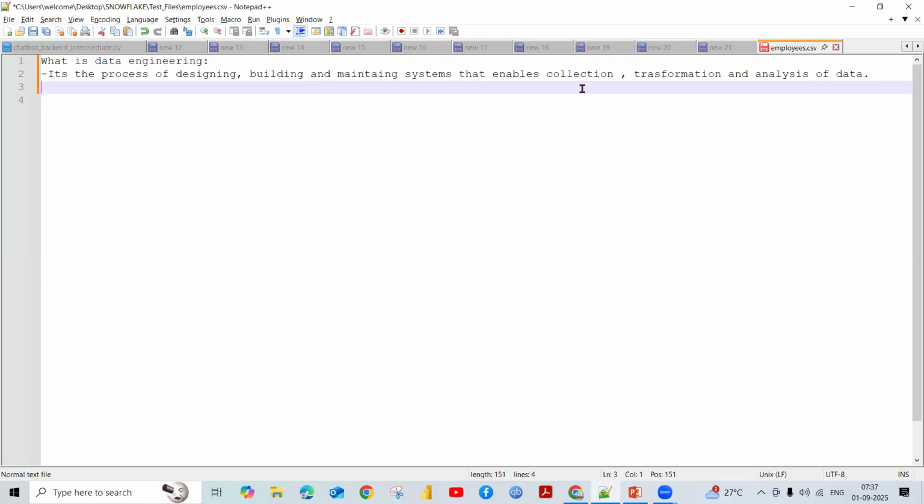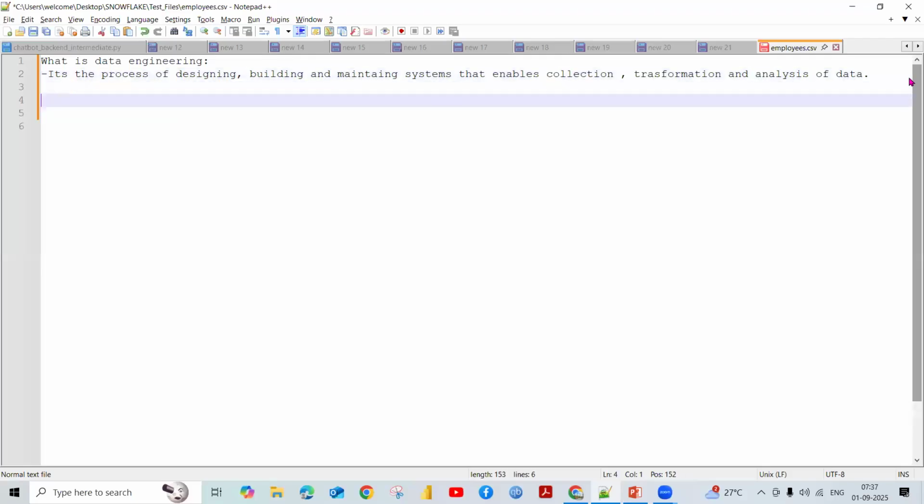So this is about data engineering, and we just discussed the different systems, the different database systems available. There are two major database systems. Why are we discussing database systems?